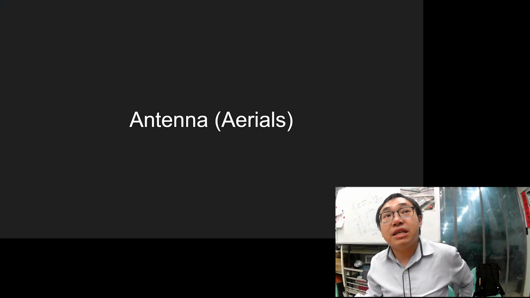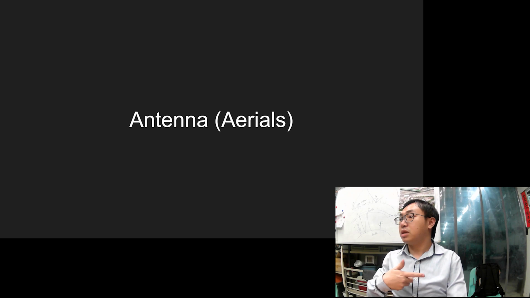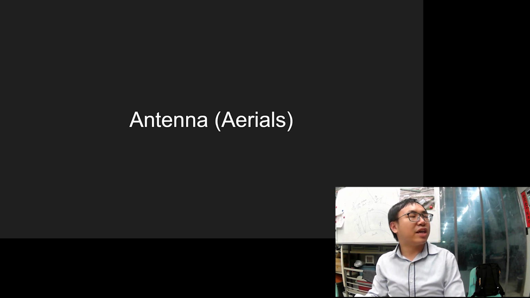Okay, so we will now talk about antennas. You see that we have 2 different words here, antennas and aerials, right? In the OFCA documents, you will see that they use the word aerials, but aerial is just the British form of antenna. The words are equivalent.